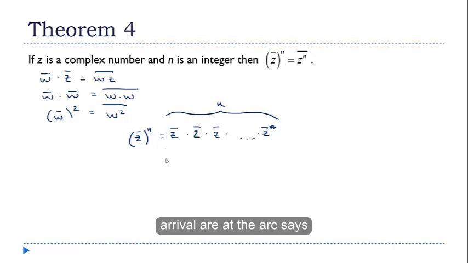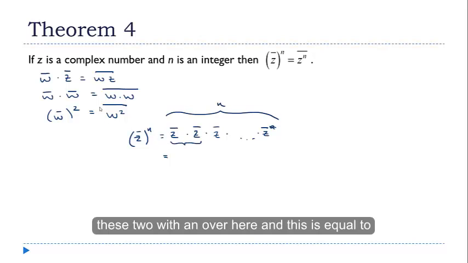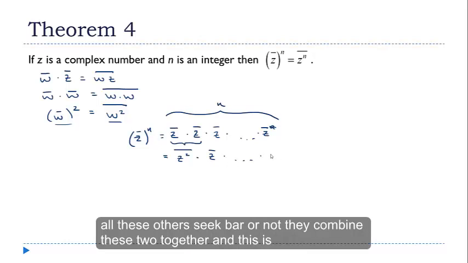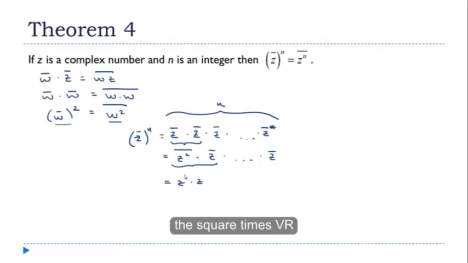Well, our theorem says that these two, looking over here, are equal to the conjugate of Z squared. And I still have all these other Z bars. Now I can combine these two together. And this is Z squared times Z bar.